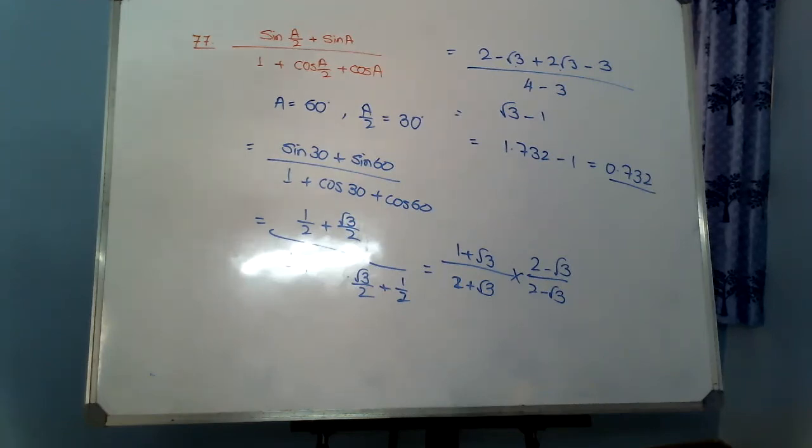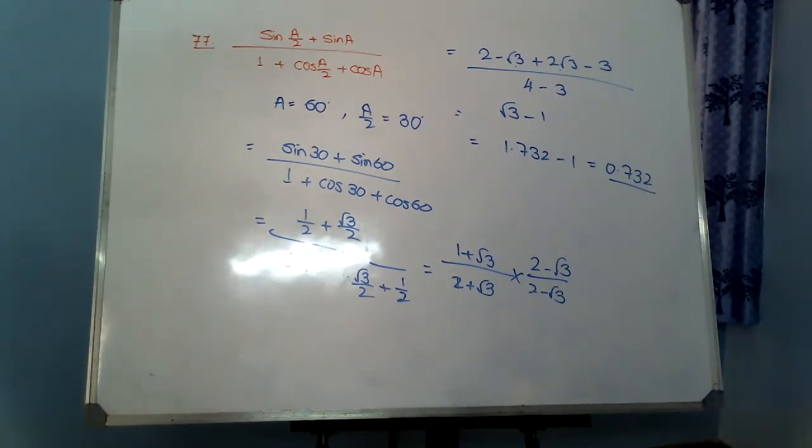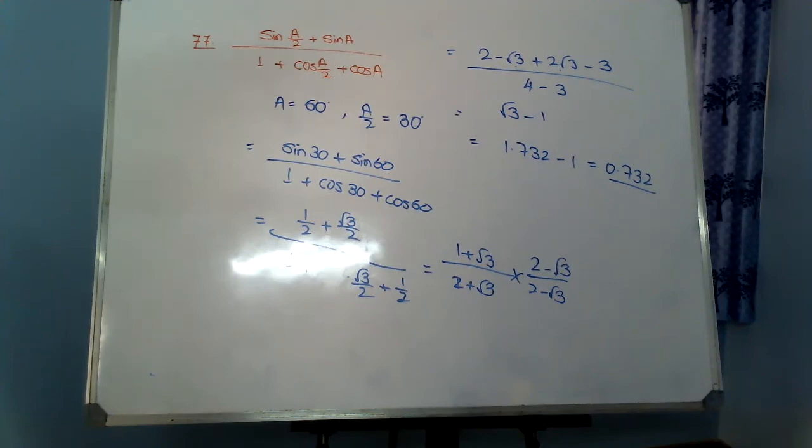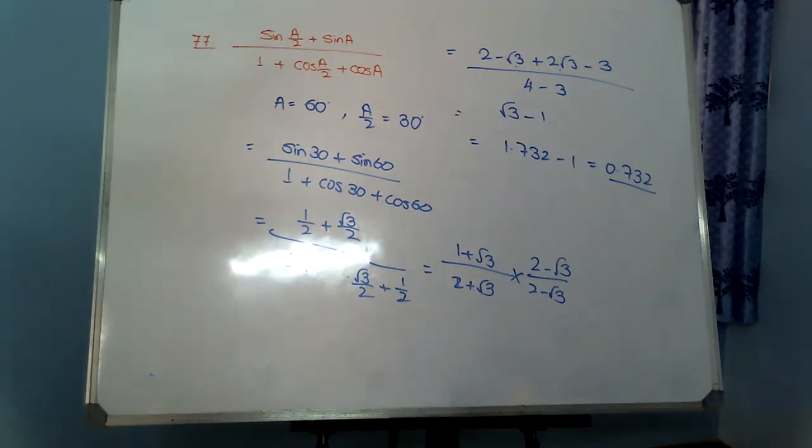Third is sine A by 2, that is sine 30 degrees. Sine 30 is 1 by 2, of course not 0.732. Cos A by 2 is cos 30, that is as good as root 3 by 2. Root 3 by 2 can give you this, I guess. Oh, that is 0.866.